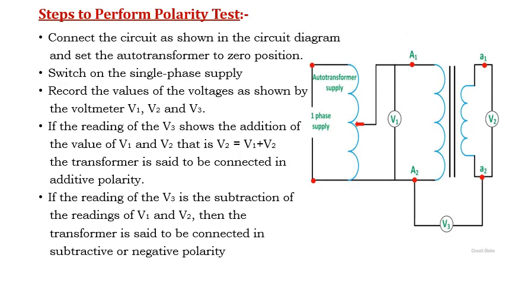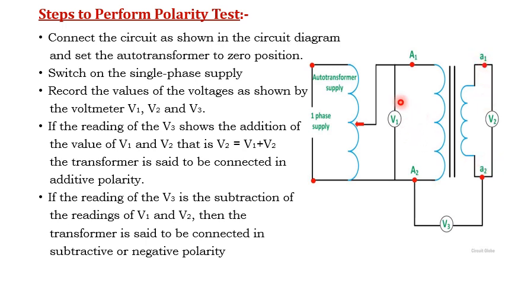Now let us discuss the steps to perform the polarity test on a transformer. Again we consider the same circuit. There is a transformer which consists of a primary winding and a secondary winding. The primary winding terminals are named capital A1 and capital A2, and the secondary winding terminals are named small a1 and small a2.